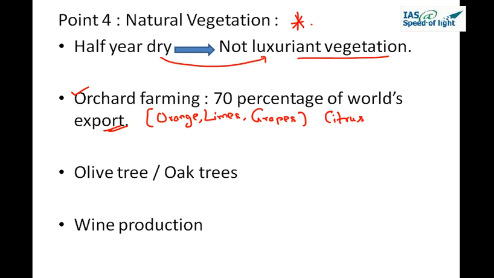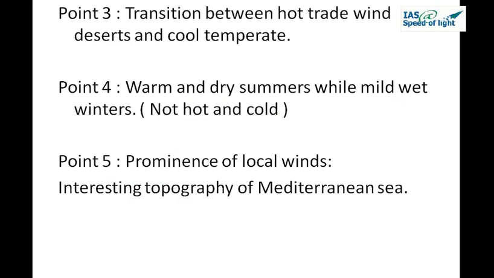This place is also known for the olive trees from which we get olive oil, and the oak trees, and also the wine production. The biggest wine production happens in this Mediterranean region. So these are the points which we need to remember or recall in the exam once we will be doing the UPSC questions.